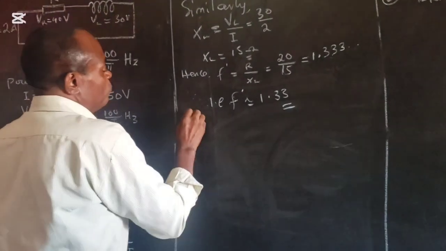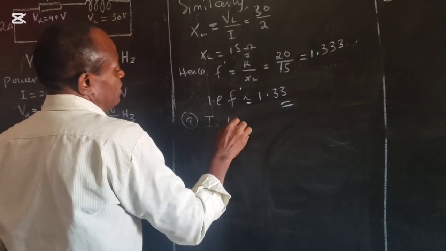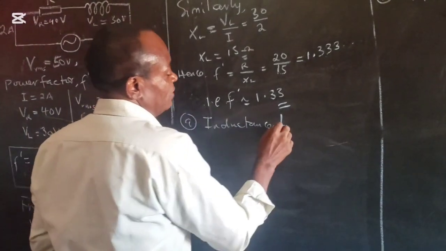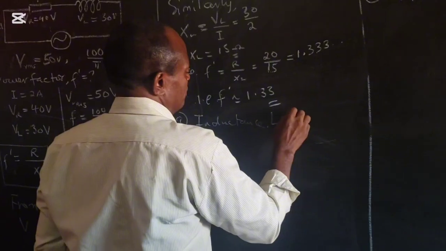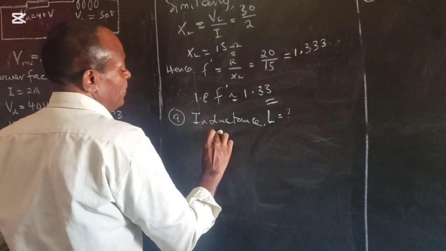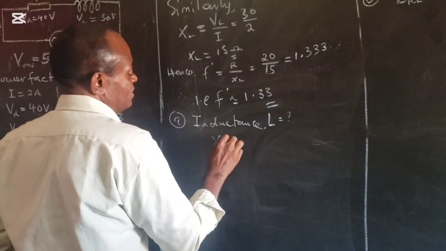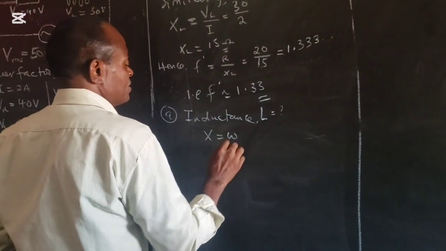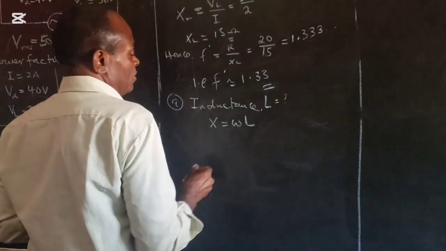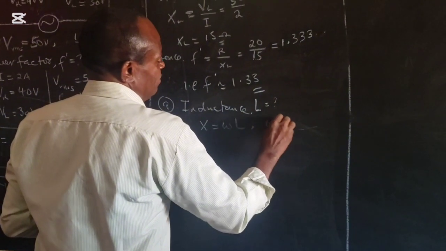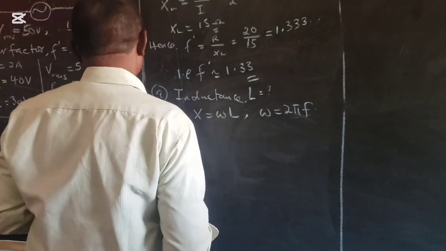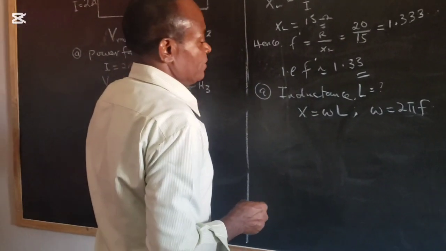The second part of the question, we want to find the inductance L of the circuit. So inductive reactance is defined as the angular velocity times the inductance. And angular velocity is always defined as 2 pi f. F was given to us from the question.